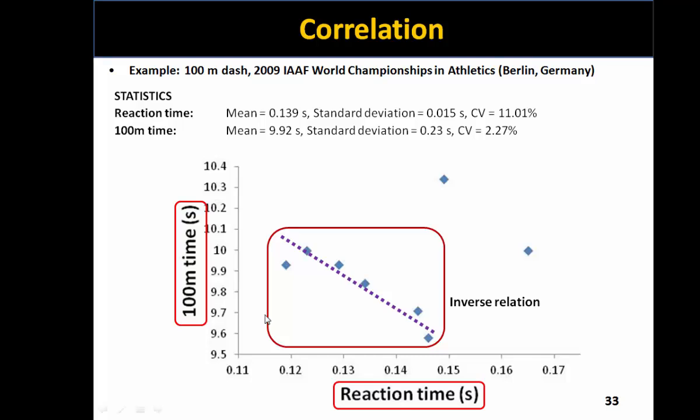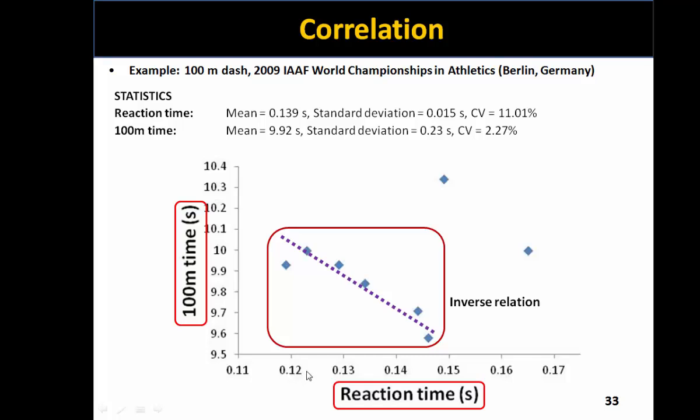And so that inverse relationship would tell us that as the value along the x-axis increases, the value along the y-axis decreases. That is the basic characteristic of an inverse relation. Now we put that interpretation in context to our research question.